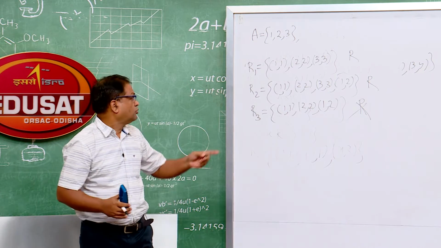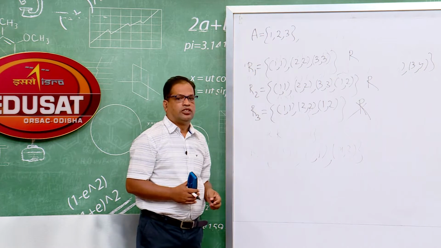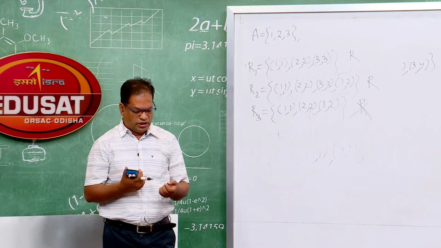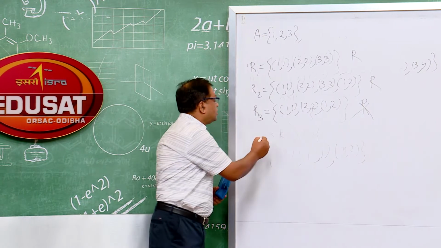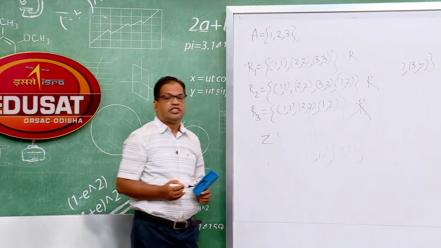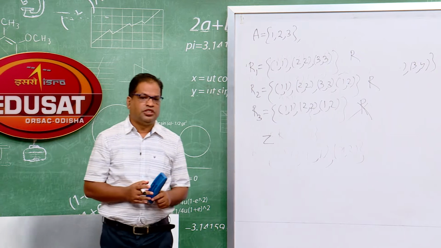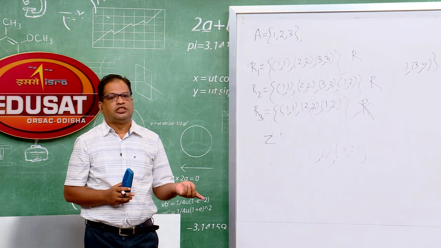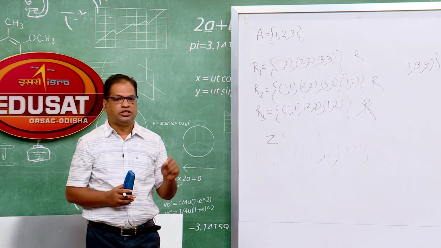Next, suppose now A is an infinite set. Suppose we consider the infinite set of integers Z and we take the relation is equal to. Every integer is equal to itself. So, 1 is equal to 1, 2 is equal to 2, 3 is equal to 3.